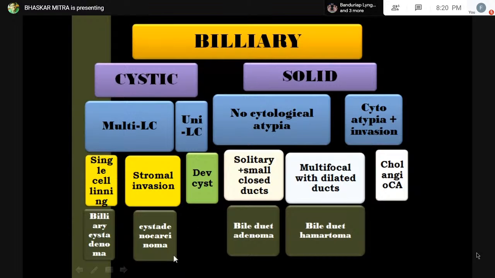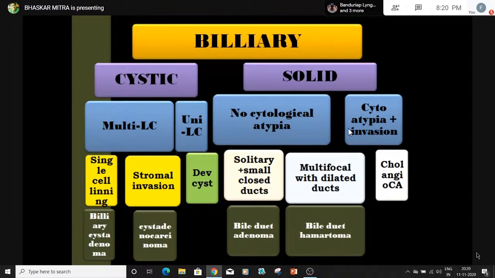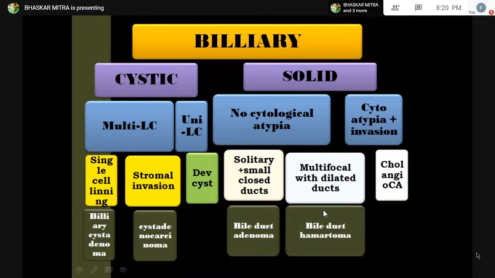Now coming to the solid part, cells showing no cytological atypia, solitary small closed ducts proliferated, we may be dealing with bile duct hamartoma. It may be multifocal with dilated ducts, disoriented ducts, but benign looking, no cytological atypia, we might be dealing with a bile duct hamartoma. If there is cytological atypia along with stromal invasion, we might be dealing with a cholangiocarcinoma.